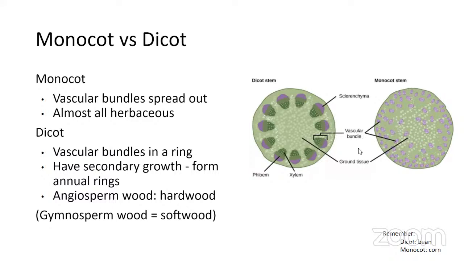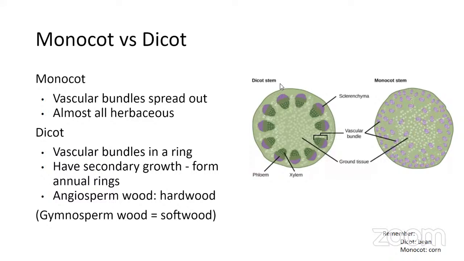This should hopefully be triggering a thought in your mind when I say that the dicot stems have these rings of structure. We've seen rings before in our lives, if not in class, right? We think of trees as having rings. When we're thinking about trees, and specifically hardwood trees, we are looking at dicots.